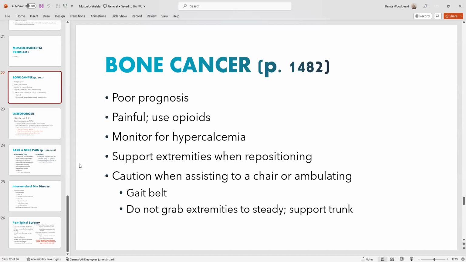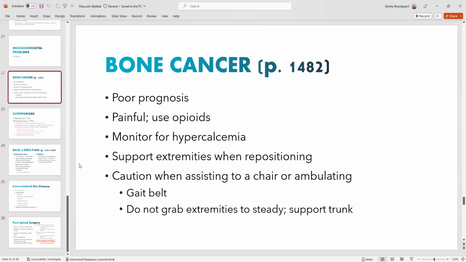All right, bone cancer. One type of bone cancer you may get asked about is myeloma, multiple myeloma. These types of cancers are extremely painful, extremely painful. Poor prognosis once you get cancer in the bone area, whether it be primary or a secondary metastasis.